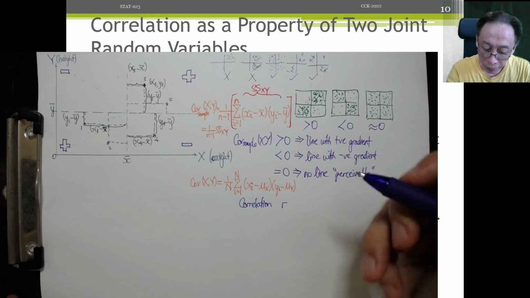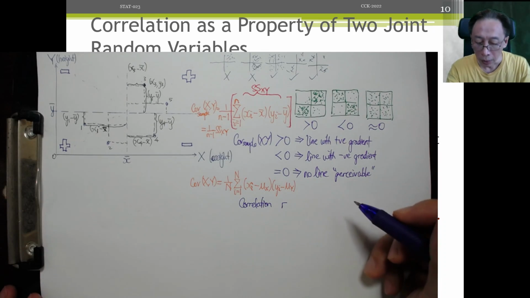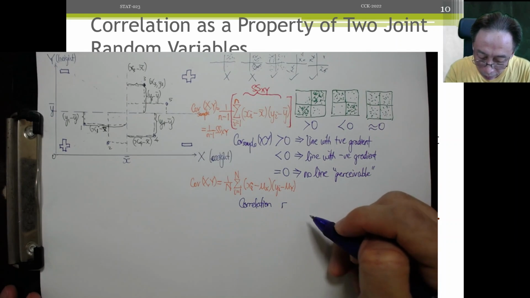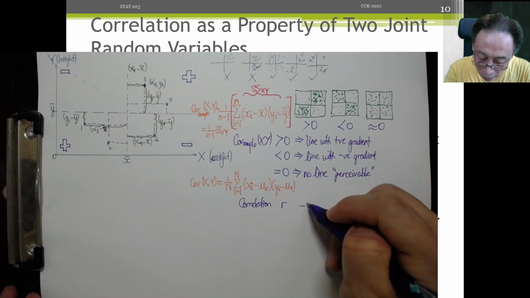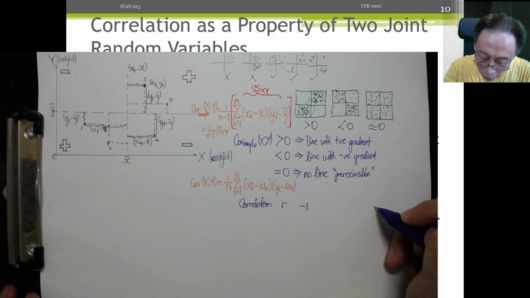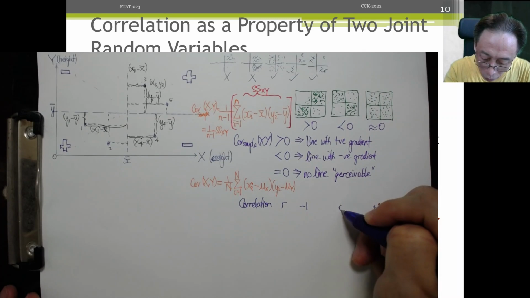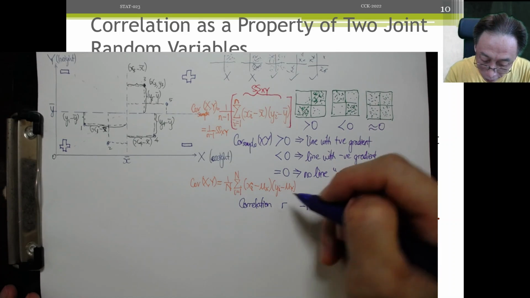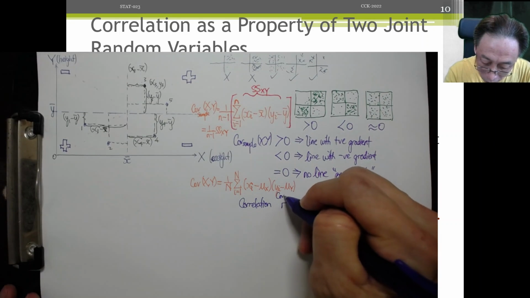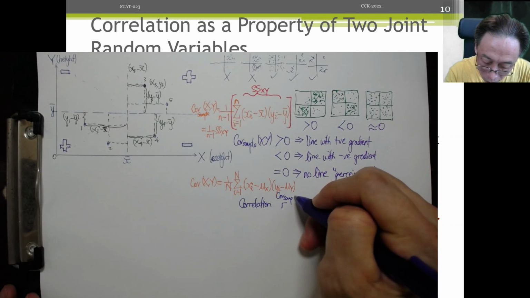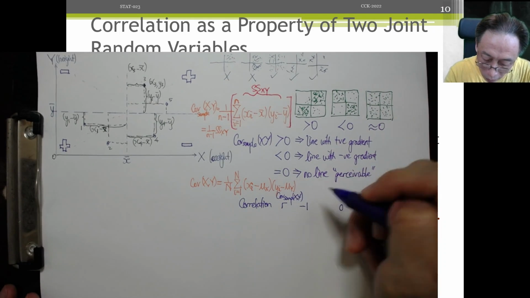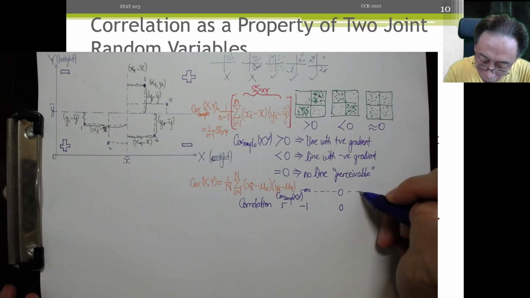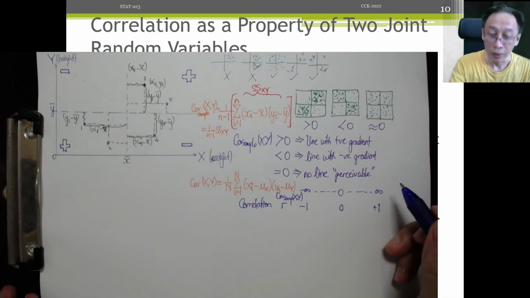So let's use R. For R, the sample correlation, we know that it is from -1 to 1, and then it will of course go via 0. And for the sample covariance of x and y, it will go from -infinity all the way to 0, and then to positive infinity.